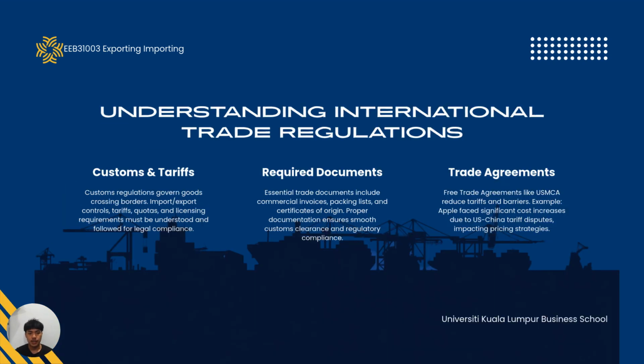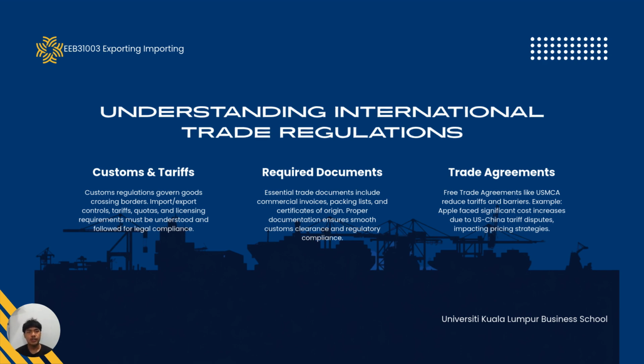So move on to the next slide, which is understanding international trade regulations. International trade regulations govern how goods cross borders and include customs controls, tariffs and quotas, and also licensing requirements.